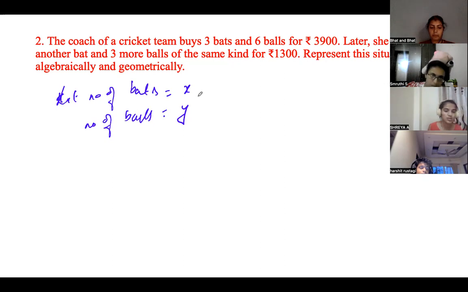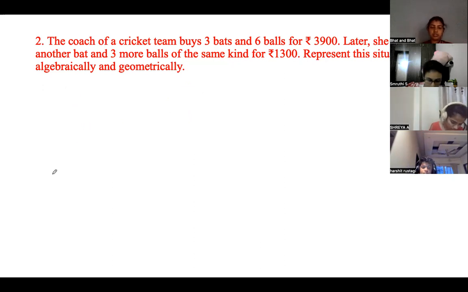So here, let us consider, one minute. Here we'll understand the question again. The coach of a cricket team buys 3 bats and 6 balls for so much rupees. Then what will be the cost of 1 bat and 1 ball?